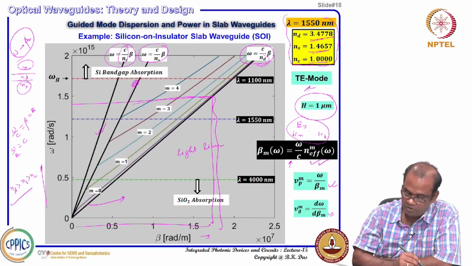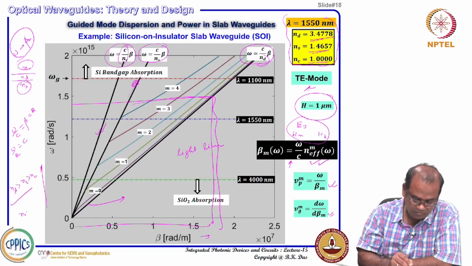Now, you know that N effective is going to be less than or equal to Nd and greater than or equal to Ns.